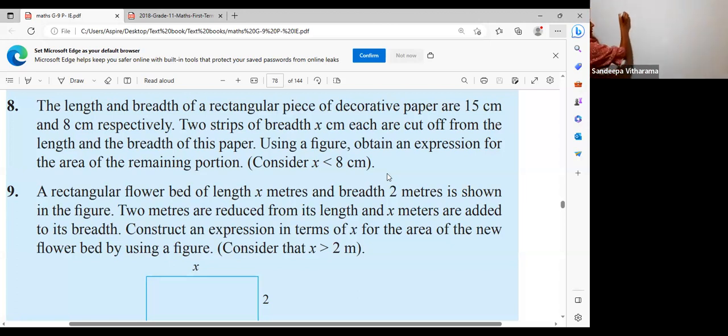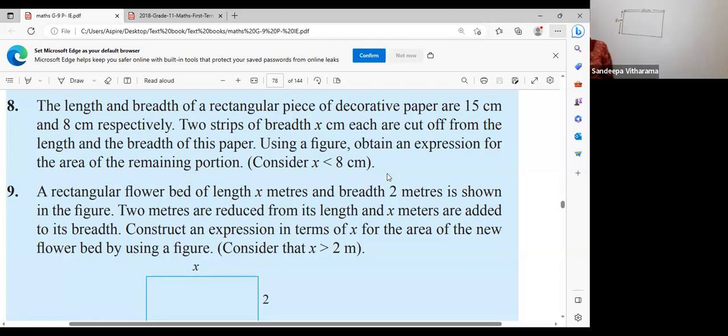Draw a rectangular shape and indicate this. It is given that length is 15 centimeters. Breadth is 8 centimeters.